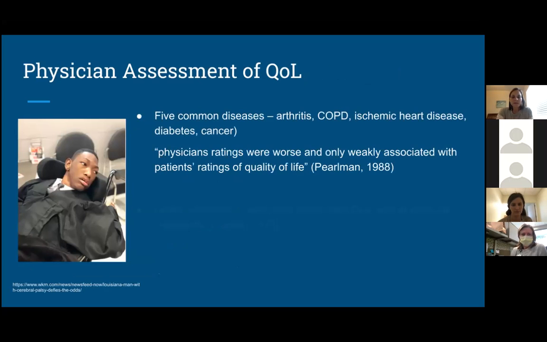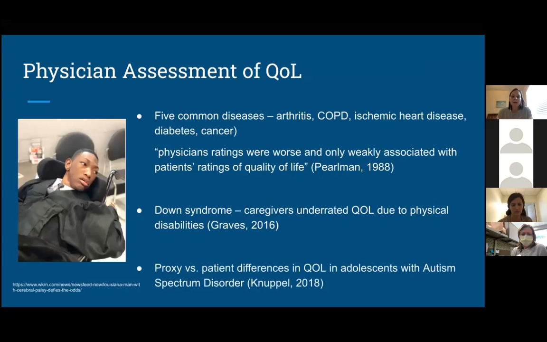And then just some resources to touch on quality of life. I think this is a really striking picture to me of a young man with cerebral palsy who graduated from high school. And I think it addresses a lot of our able-bodied biases as physicians about whether we rate patients as having high quality of life or low quality of life.